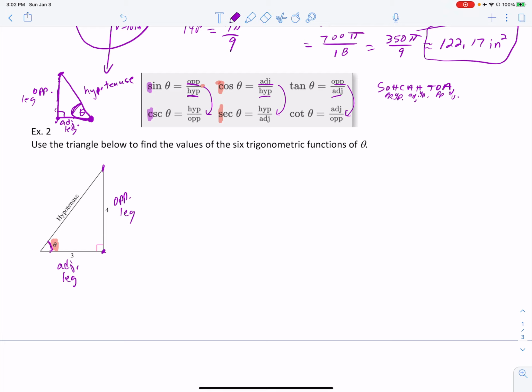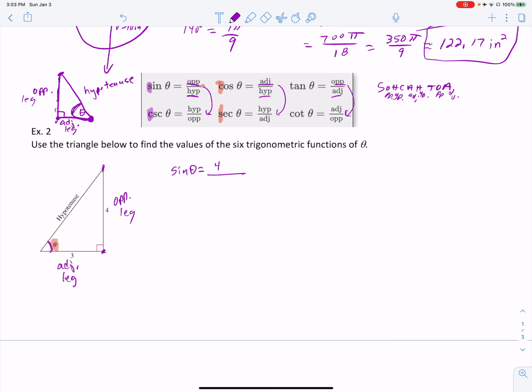Now, for theta, we want to go ahead and just use sine of theta is going to be the opposite leg, which is 4, all over the hypotenuse.